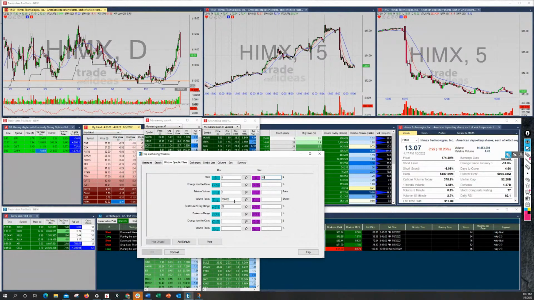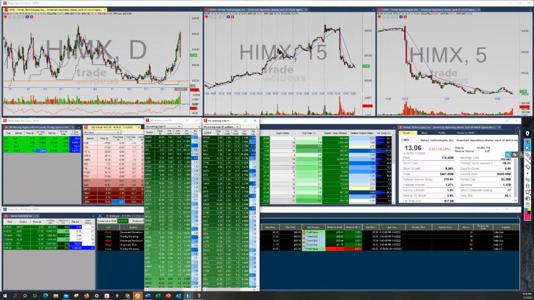Still the relative volume, still the volume today factor, but I removed the position in today's range just because I wanted to see some stuff that maybe was strong on a daily chart, but just had a not great day today, but started meeting the volume metrics. And so let's go through a few of these and see if we can find anything that I like chart wise here.